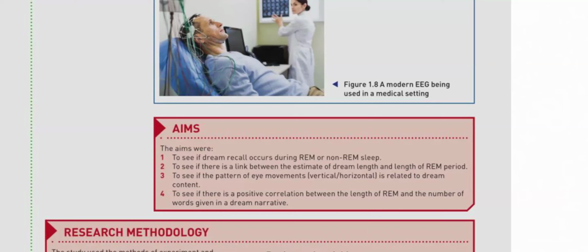Number two is to see if there's a link between the estimate of dream length and the length of the REM period, right? Let's say the REM period was 30 minutes. Does that mean your dream was also 30 minutes? So every single time a patient woke up, they would ask, how long were you dreaming for? 5 minutes or 15 minutes? How long did it feel like?